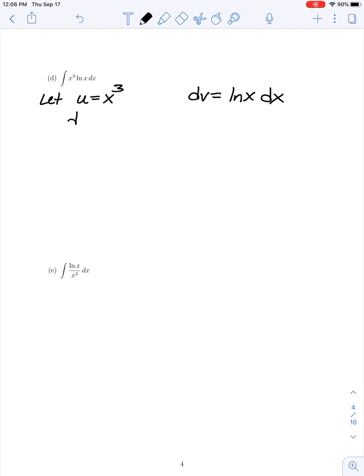So that would mean that du is 3x squared dx, and v would be the antiderivative of log x dx. However, we don't know what the antiderivative of natural log of x is. The derivative of log x is 1 over x, but we don't know what the antiderivative of log x is yet.